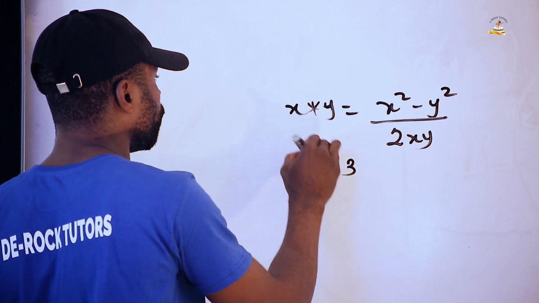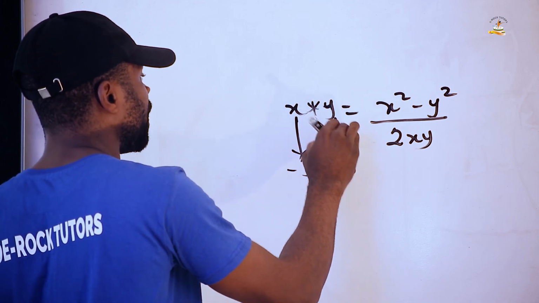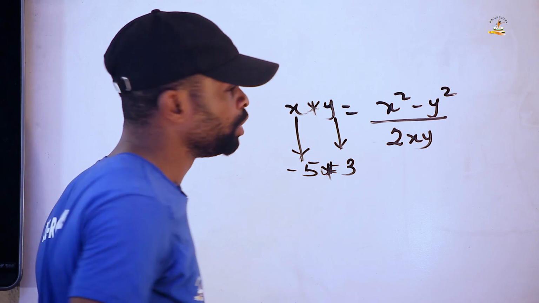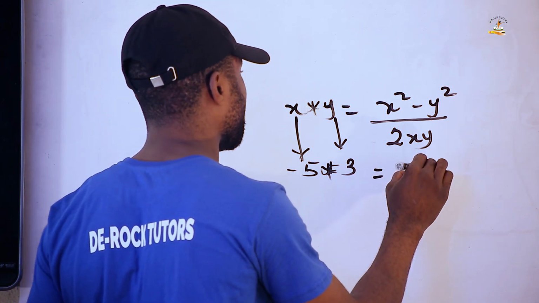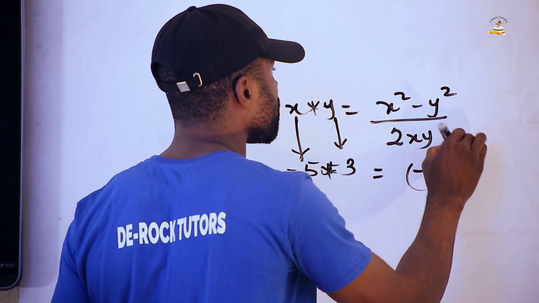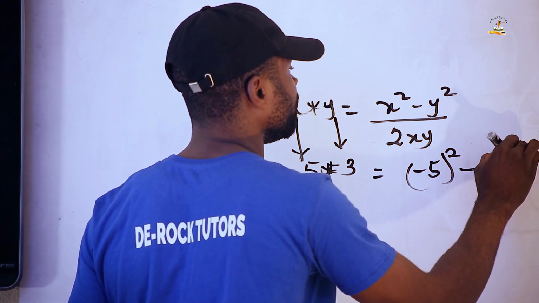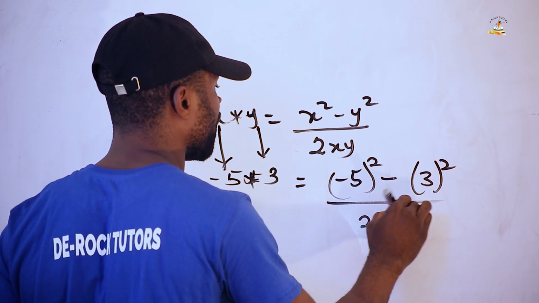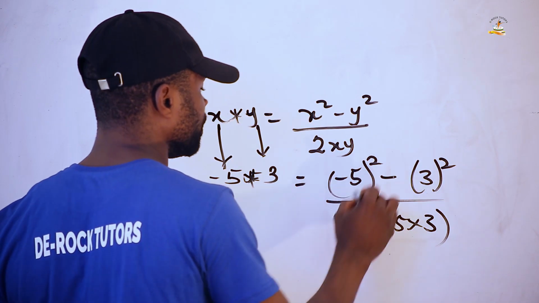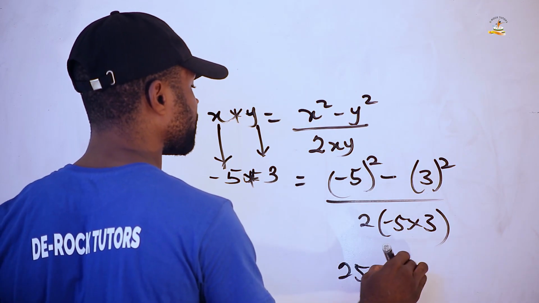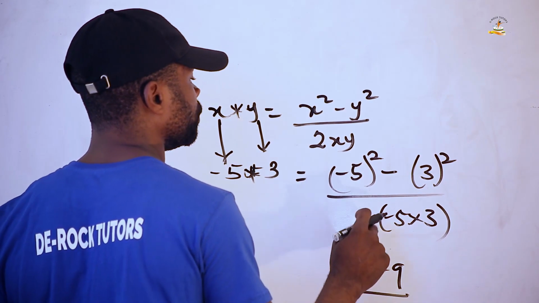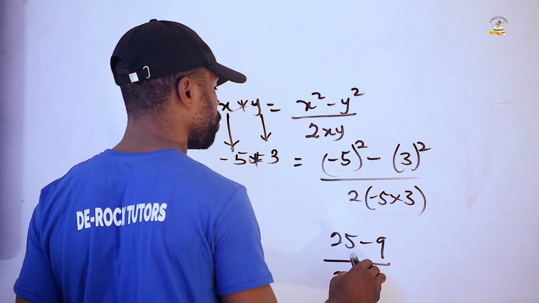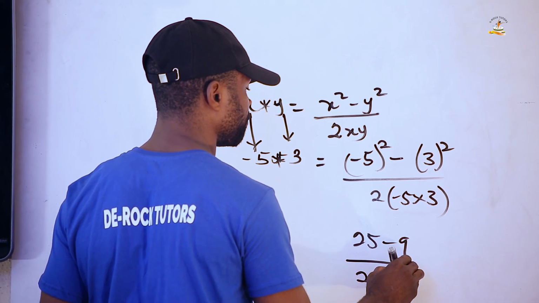Comparing the two, you will understand that your x is minus 5, your y is 3. So substituting, we have minus 5 squared minus 3 squared over 2 into minus 5 times 3. This one is 25 minus 9 over 2 into minus 15.